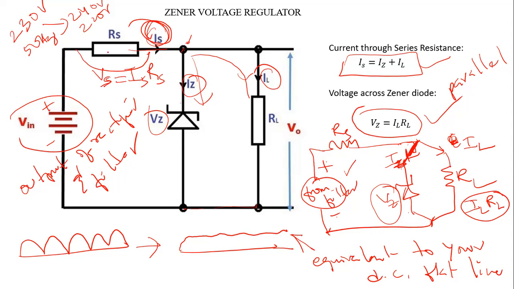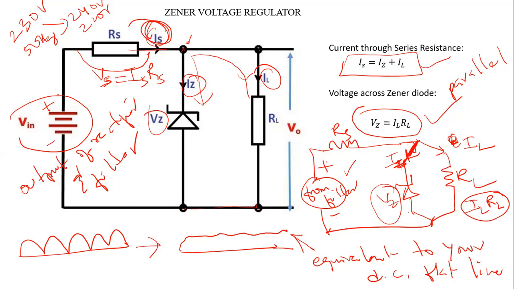So if the voltage supplied from this rectifier output or filter output is increased due to line fluctuation, the series current Is will increase, and Is into Rs will increase.